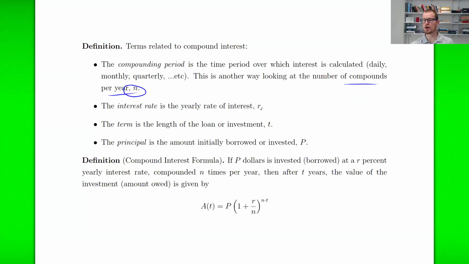The interest rate is R. The term or the number of years invested or borrowed is T. And then the principal amount, that initial amount invested or borrowed, is P. And that gives us a definition for a compound interest formula. So this matches what we just discussed on the previous page.